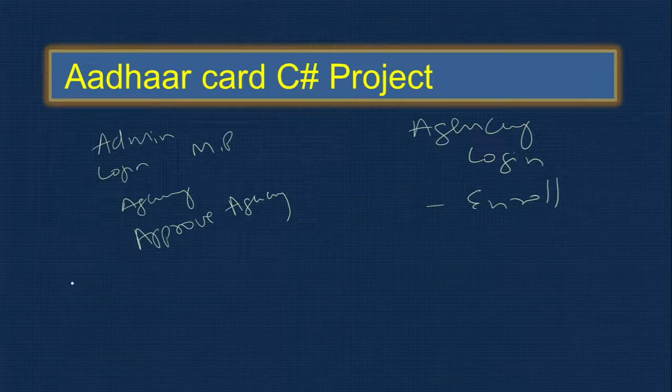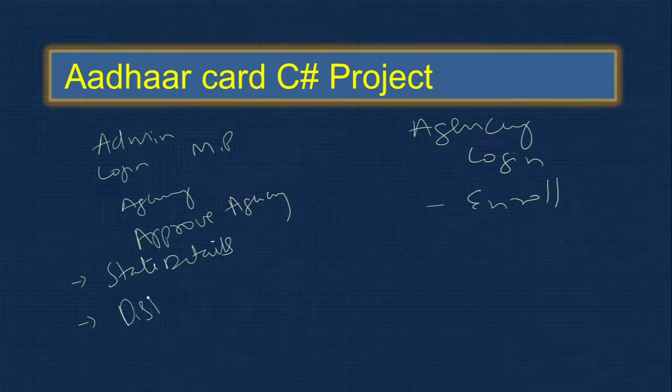In order to enroll, you should know what state it is, so you can have state details in the admin. Next, we can have district details. When you're enrolling, you need to select the state and district, and then enroll them.